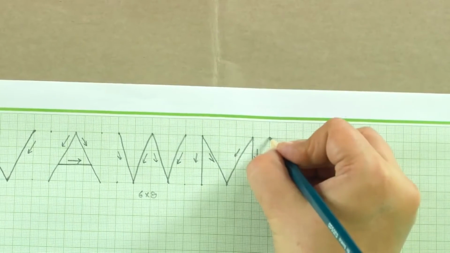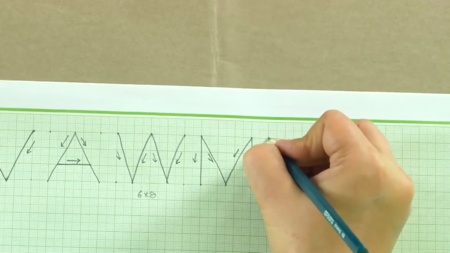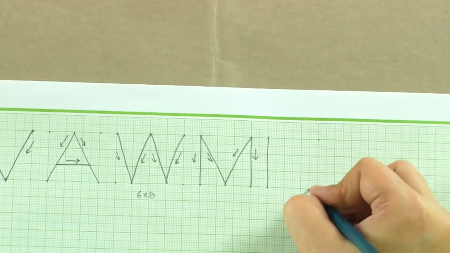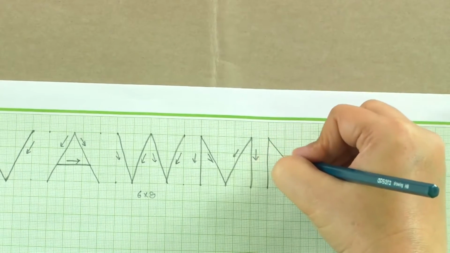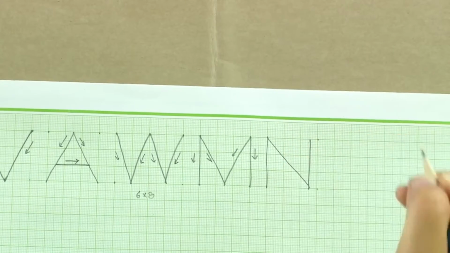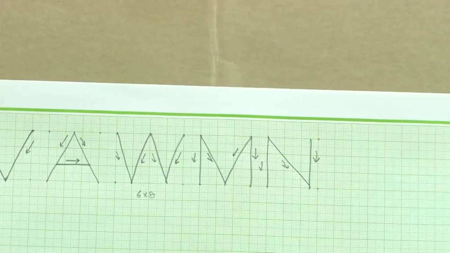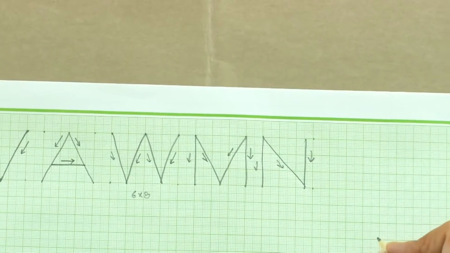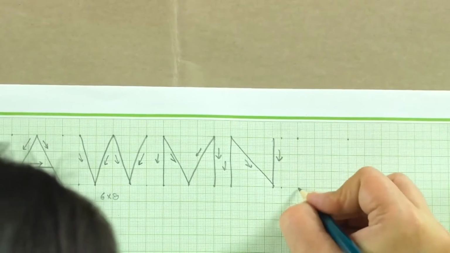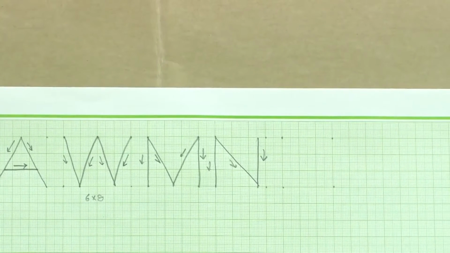Next we have N. N is again a 5 by 6. This is 5 by 6 of N. And then we have a K. K is again a 5 by 6 alphabet.